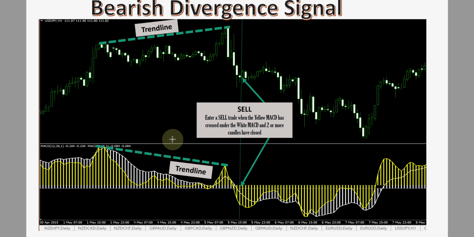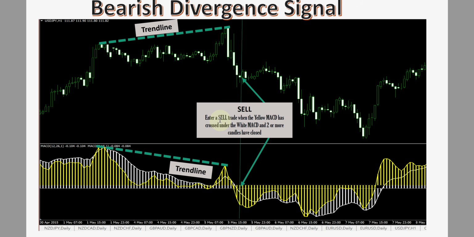However, if you join the same two points together on the indicator, it is going down. This is called bearish divergence. So the indicator is telling us that price will fall very soon, and we stand by to take a short position.